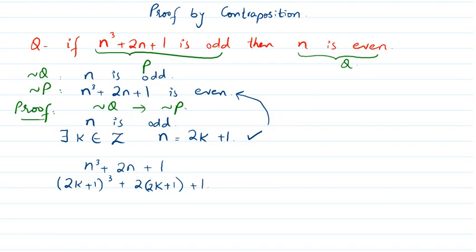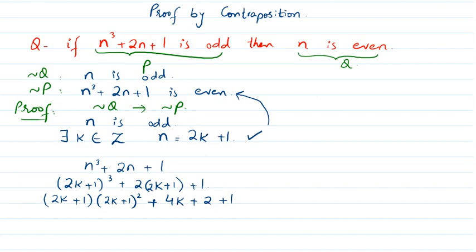This cube I can write as 2k plus 1 times 2k plus 1 whole square plus, simplifying it, I'm going to get 4k plus 2 and the last term, that is plus 1.